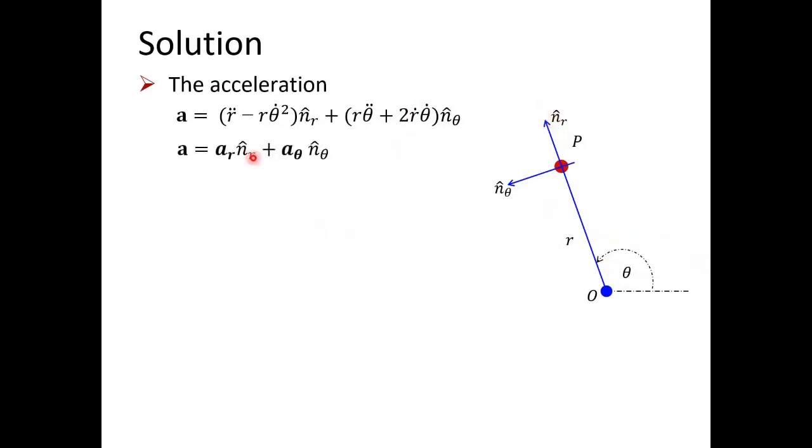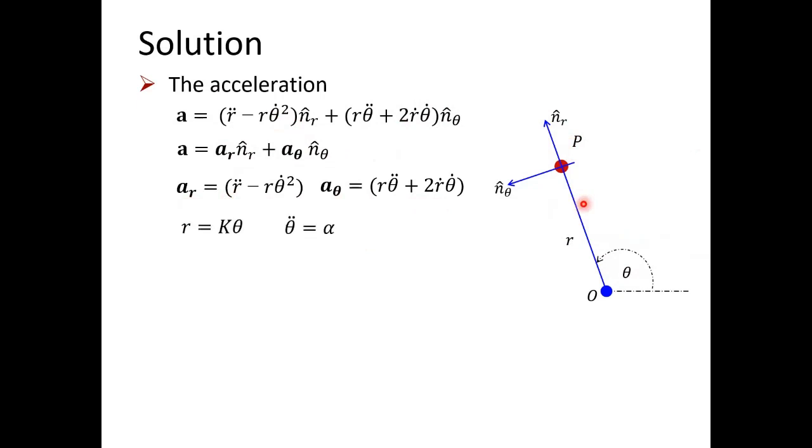Now, if A equals the radial component plus the theta directional component, then A_r and A_theta are this component and this component, as seen here.